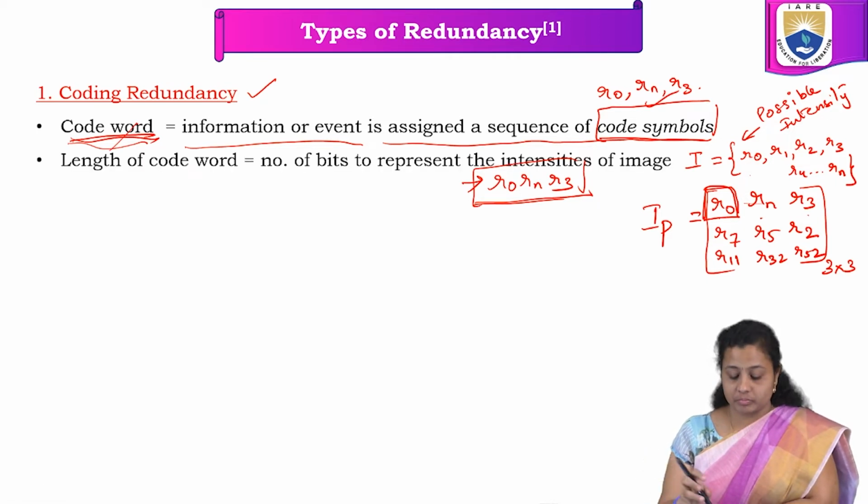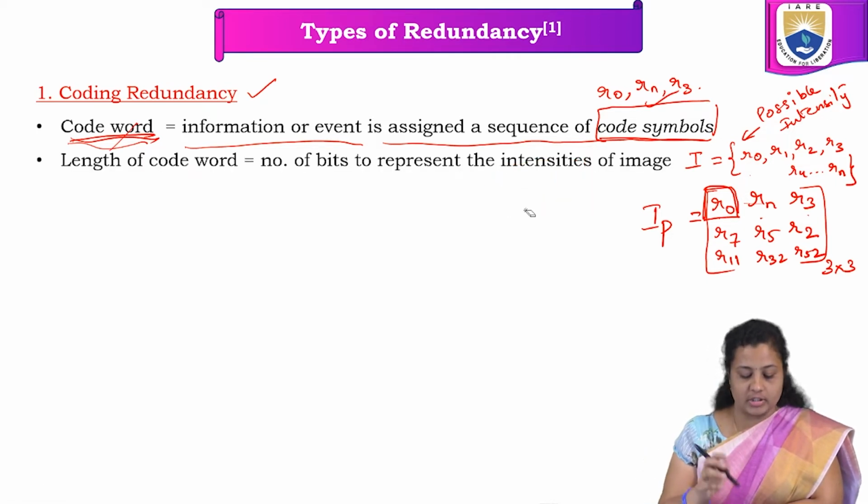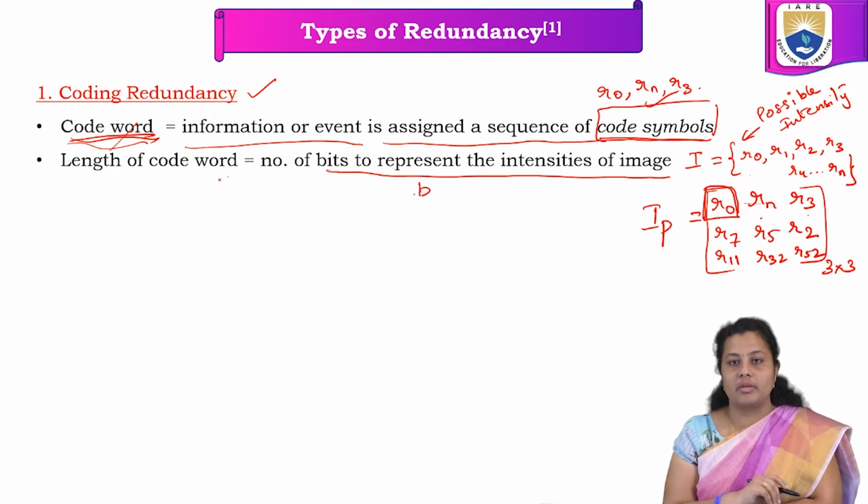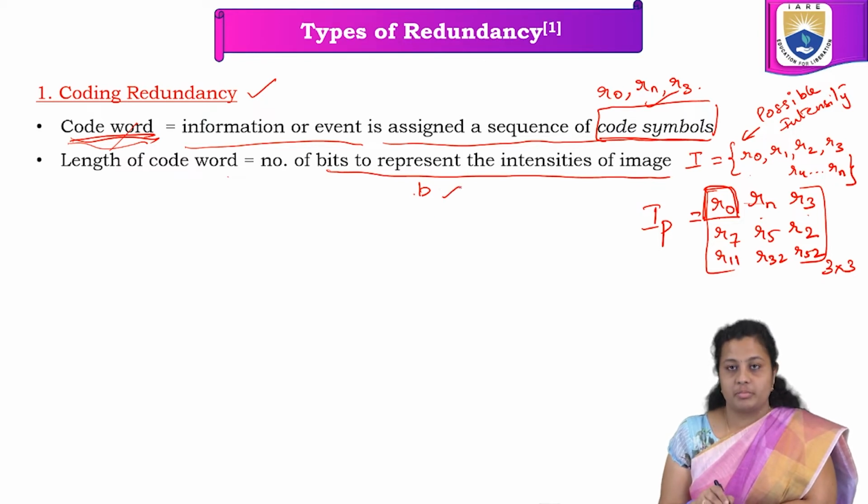Now, if I consider the number of bits to represent the intensity values to be B, then the length of the code word is given by the number of bits.